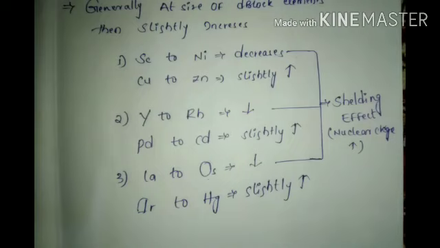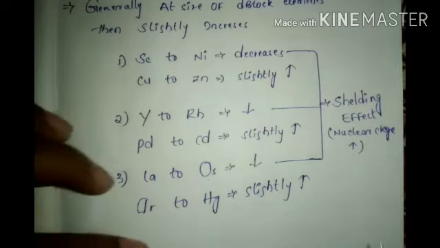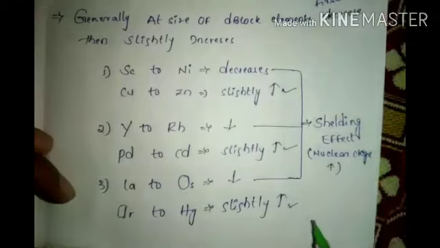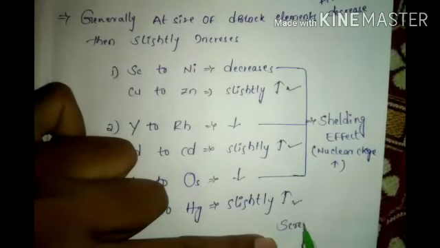Every time, left to right, we add one extra electron: scandium, titanium, vanadium, chromium onwards. Every time one electron is added, the nuclear charge increases, so the shielding effect increases, and the atomic radii decrease. Then after some time it slightly increases, for this reason: the screening effect.